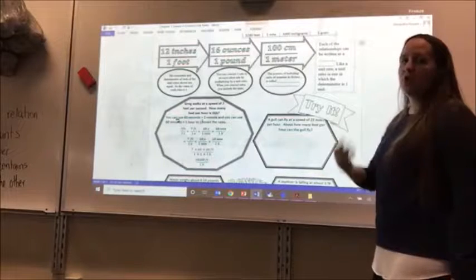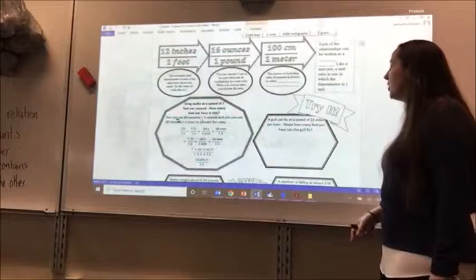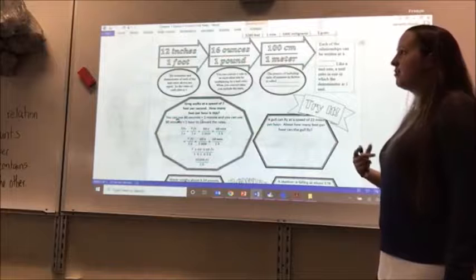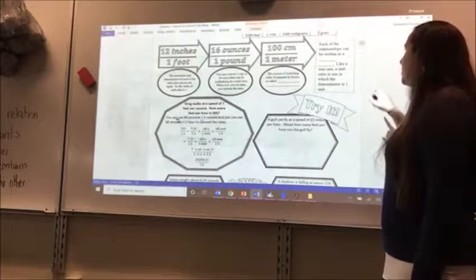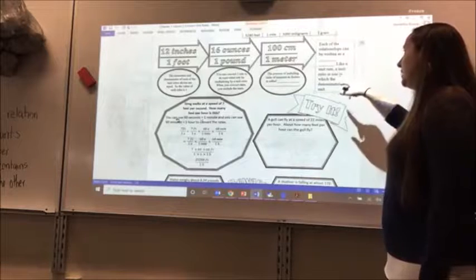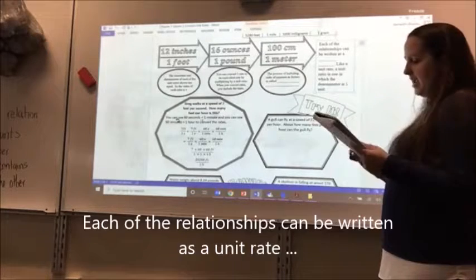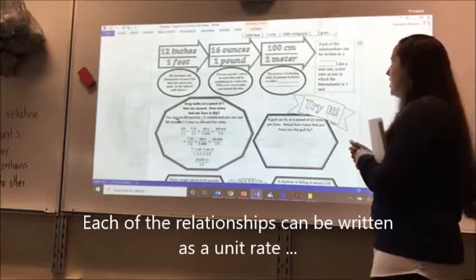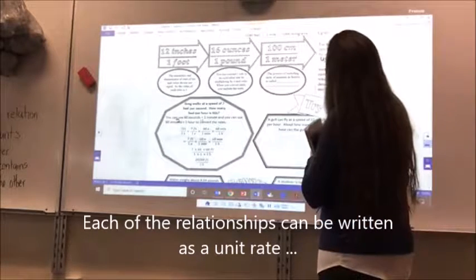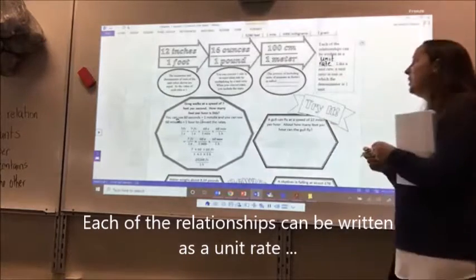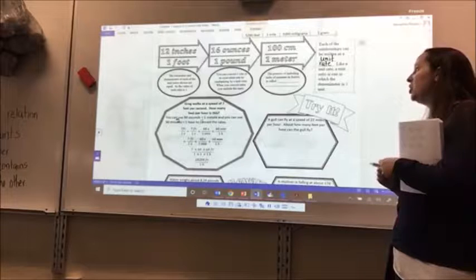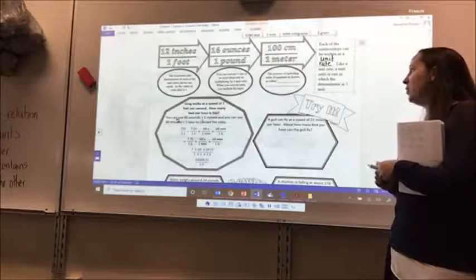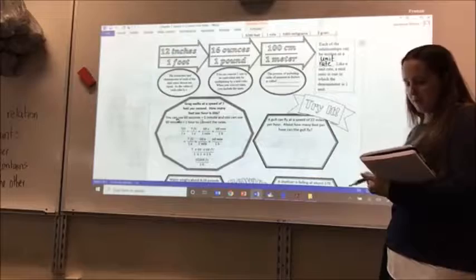These are all unit rates, because they all have a denominator of 1. Each of the relationships can be written as a unit rate. Like a unit rate, a unit ratio is one in which the denominator is 1 unit.